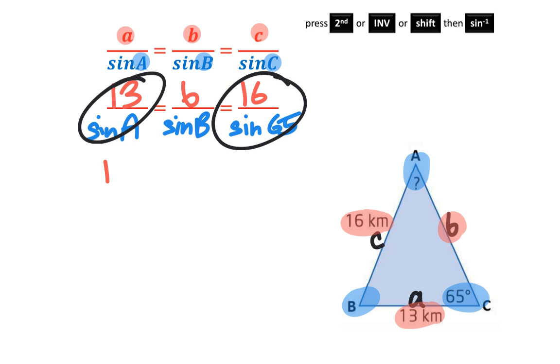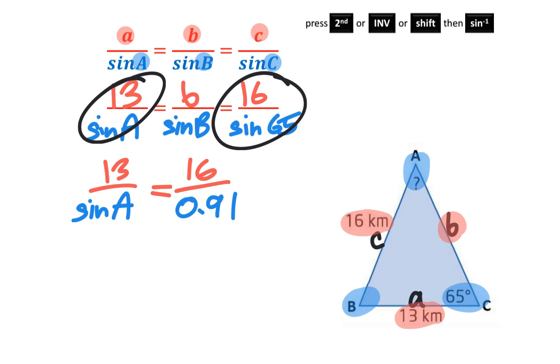The 13 has not changed, so I'm not going to do anything with it. Sine A is what we're looking for, so I'm not going to change that as well. 16 is not going to change, so I'm going to leave it alone. But what about sine 65? Well, you can put that into your calculator and you should get something close to 0.91.